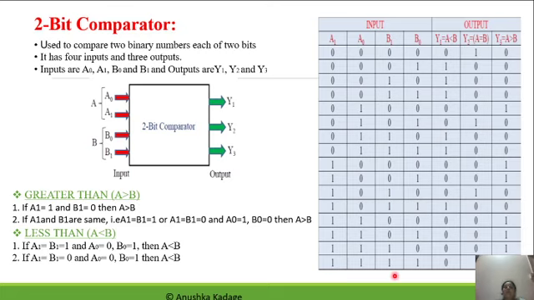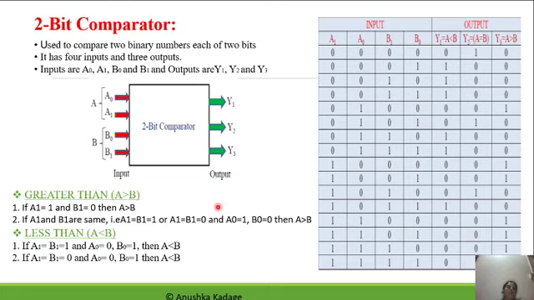In the last condition, both LSBs and both MSBs are equal, and that's why we are concluding that A is equal to B. And here we are generating the output of 1 for A equal to B.